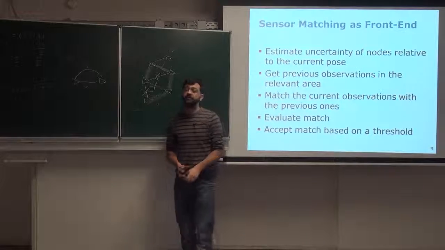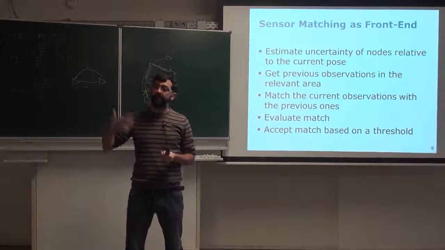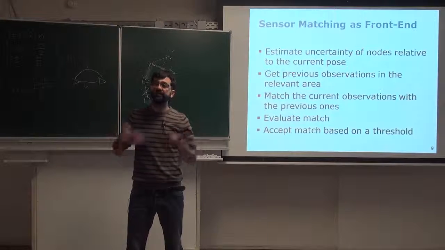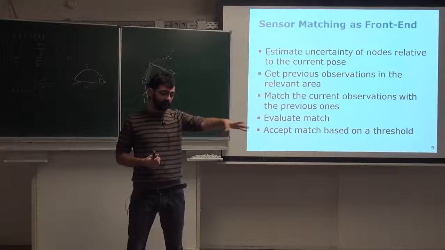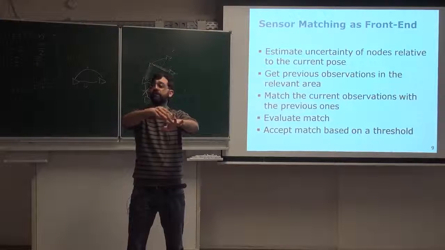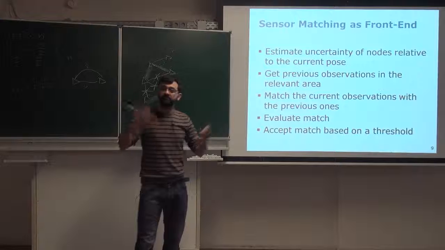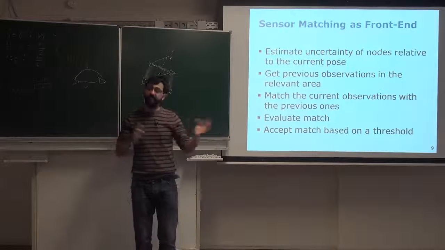And we also want to decide if we want to accept the match or not. The decision can be done on thresholding or can be a much more sophisticated decision. The easiest one is the percentage of the data points that agree. I take a set of points, I put them on top of each other, I look at how far each point is from its neighbor, sum them up, this gives you a number, put a threshold, and find out if this is a valid match or not.